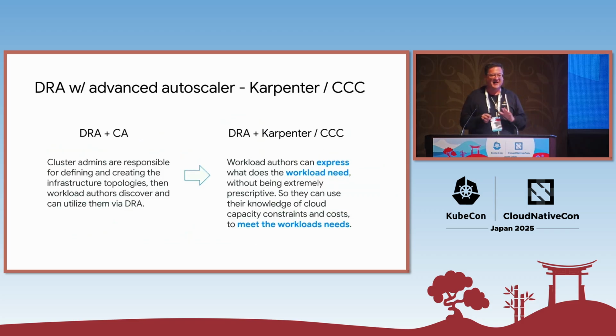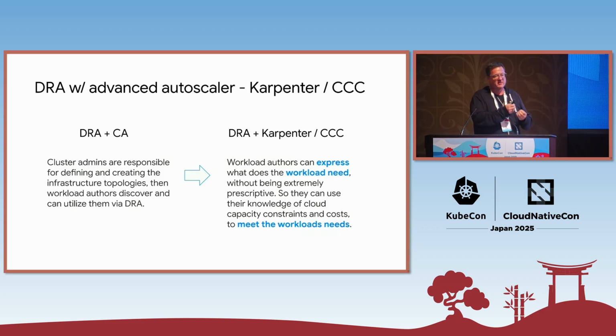So how does this apply to what Bo was talking about? Because I'm talking about all this, like how we select devices. Well, it applies especially in scaling cases when we combine it with an advanced autoscaler. An advanced autoscaler means something like Karpenter, or Google has something called custom compute classes. What these do is they allow you to put that optionality in.